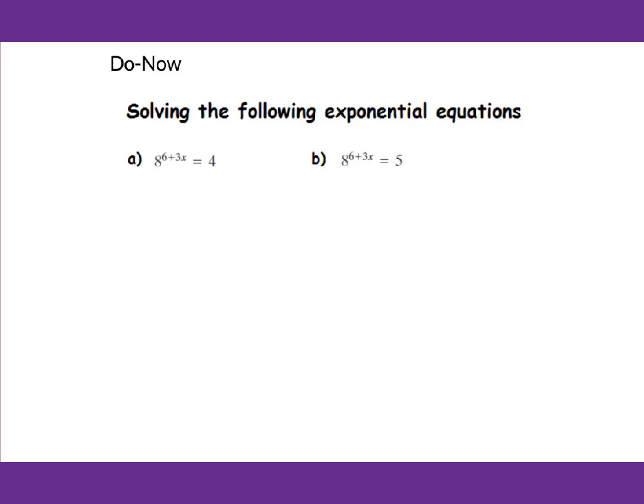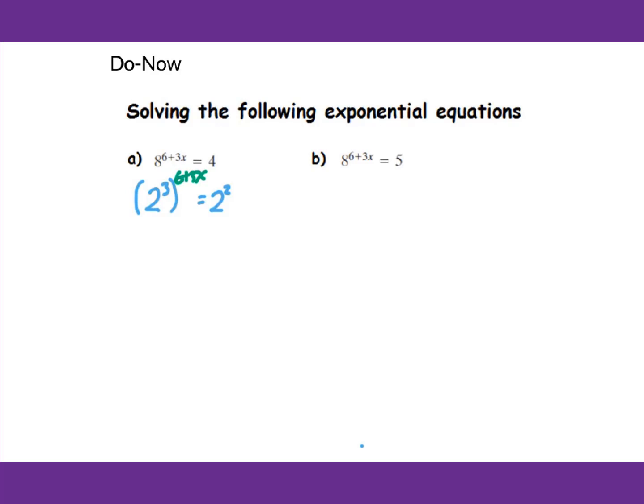For A, since 8 and 4, we can change 8 to 2 to the third power, and 4, I can do 2 squared. Therefore, we can solve A without logarithm.